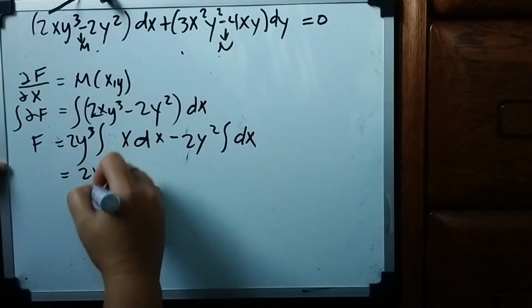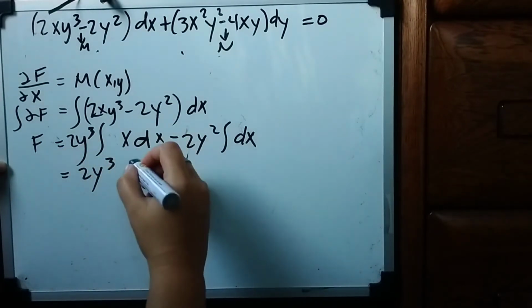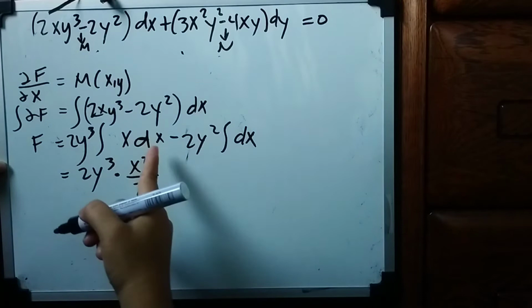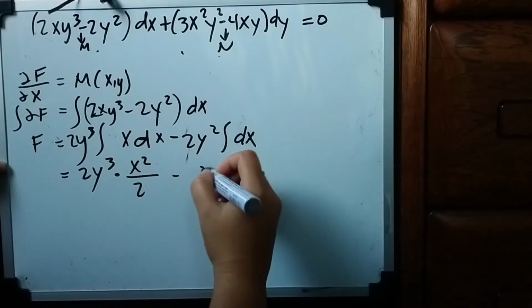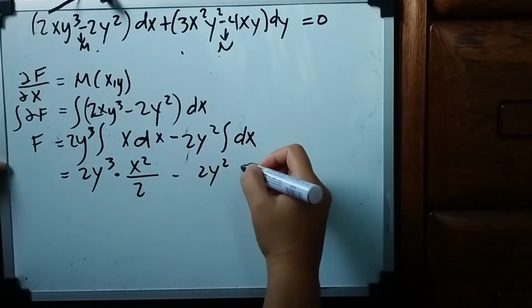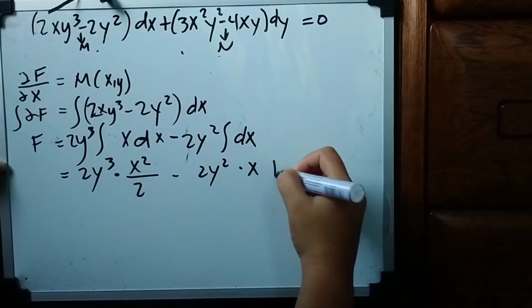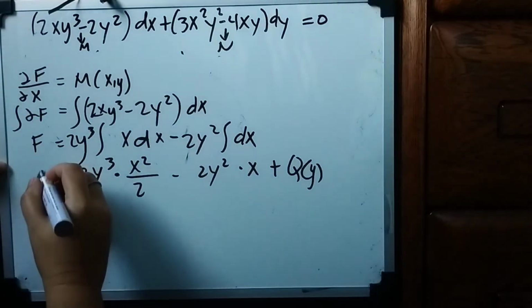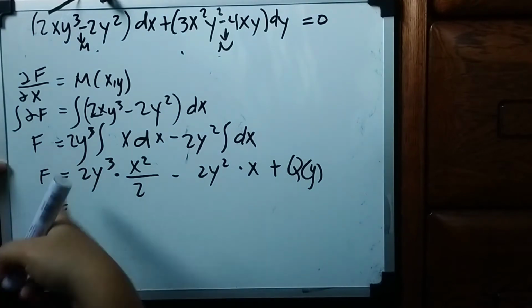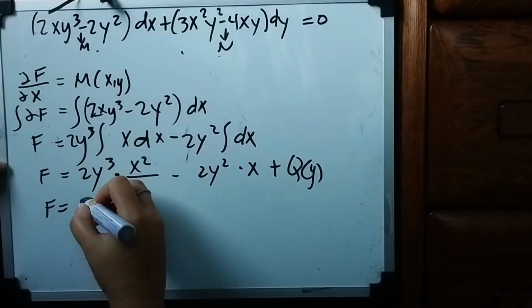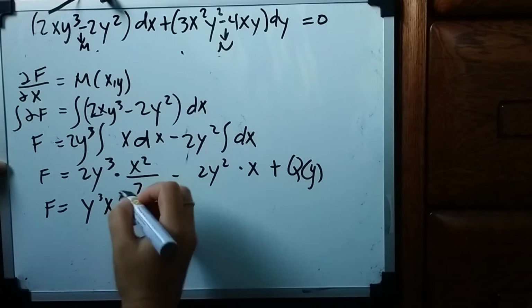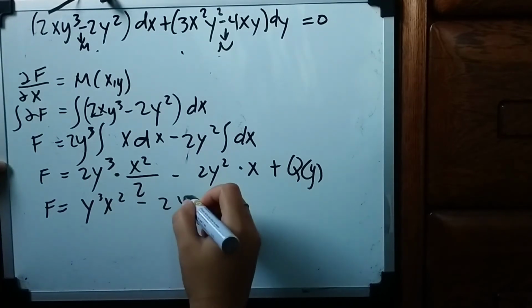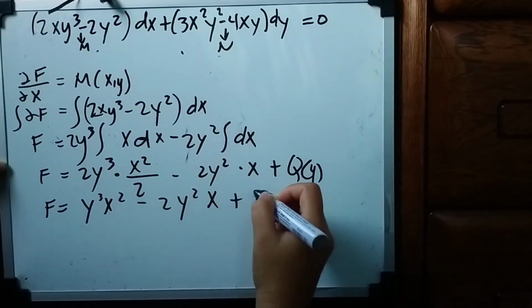So the integral of x dx is x squared over 2, minus 2y squared. The integral of dx is basically x, plus q of y. We will simplify the equation, so we will have y cubed x squared minus 2y squared x plus q(y).